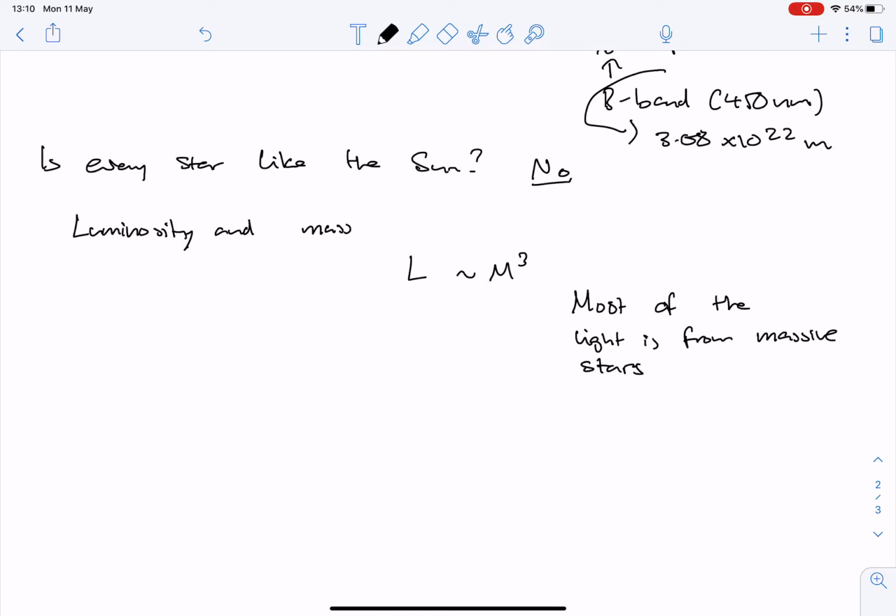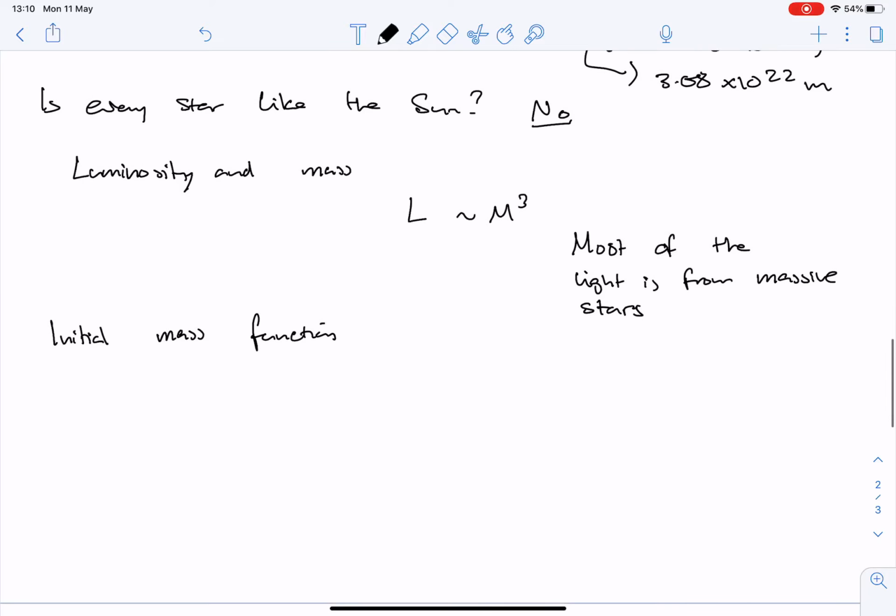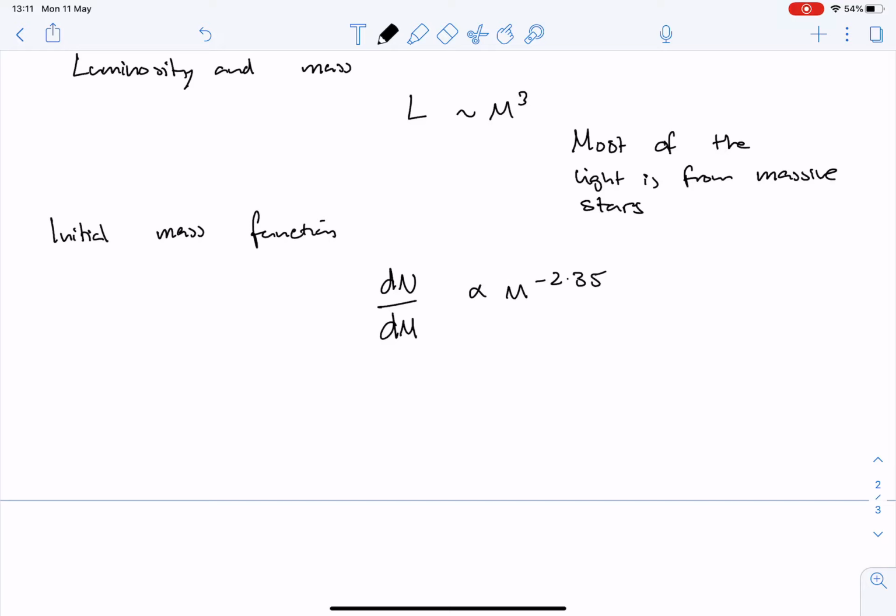And then you also have to look at what's called the initial mass function. This tells us the distribution of number, dN, per unit mass, and it's proportional to M to the minus 2.35, or at least down to some low mass end. So this is the opposite. Here, there are many more low mass stars than high mass stars.